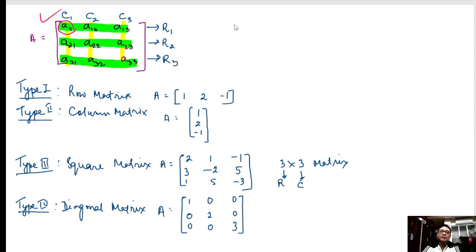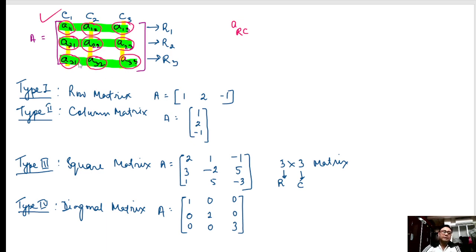So always it is the row first and then the column. So it is the first row, first column, first row, second column, first row, third column, second row, first column, second row, second column, second row, third column, third row, first column, third row, second column, and third row, third column. So this is how we will be dealing with the matrix.